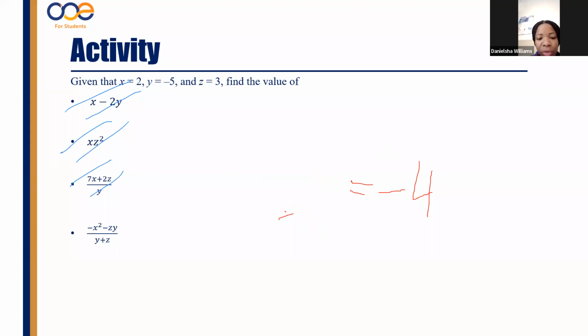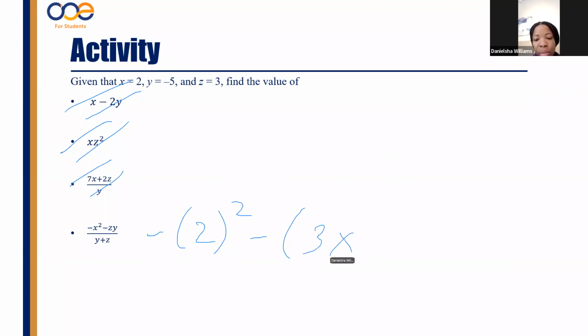So we have negative, and then we have x squared, which is 2 squared minus 3 times -5. And then that is being divided by -5 plus 3.